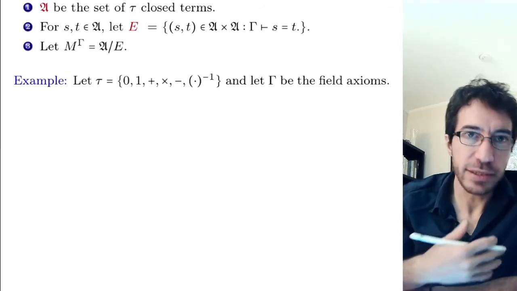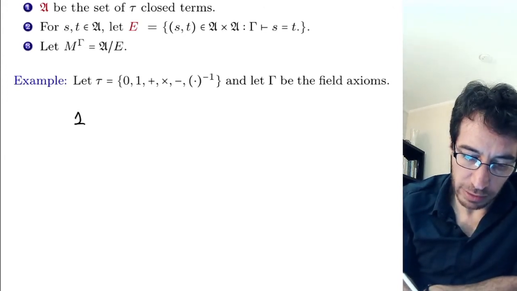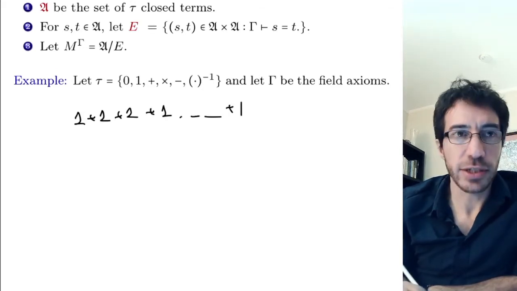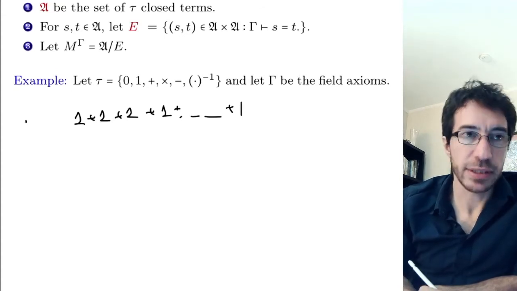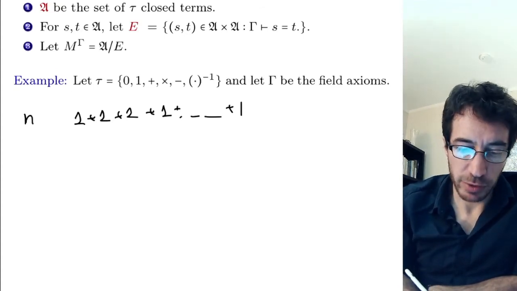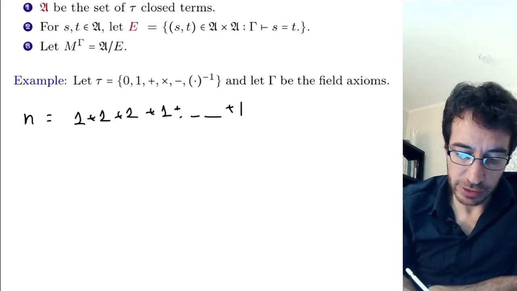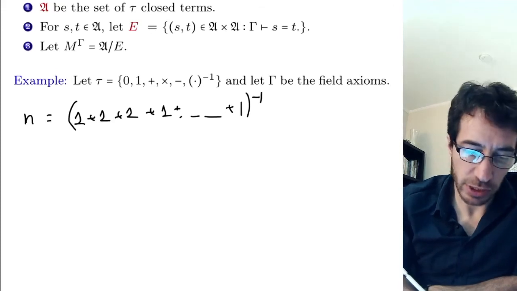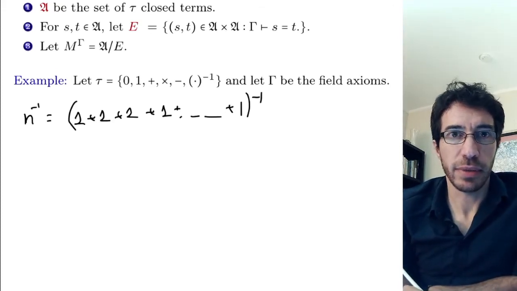Let's start writing all the terms that we can get. So we can get terms of the form 1 plus 1 plus 1 plus 1. All the natural numbers we can get like that, right? So these are terms that correspond to the natural numbers. We are going to have terms of this to the minus 1, so that's the inverse of a natural number.